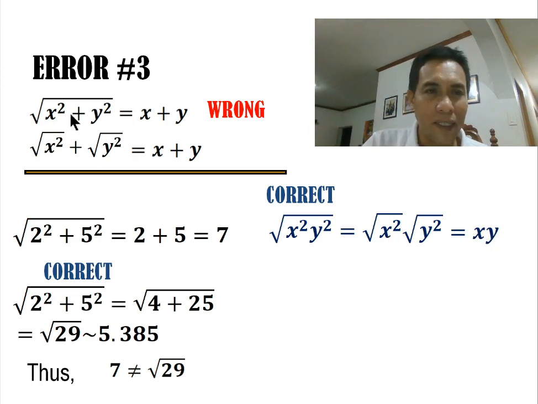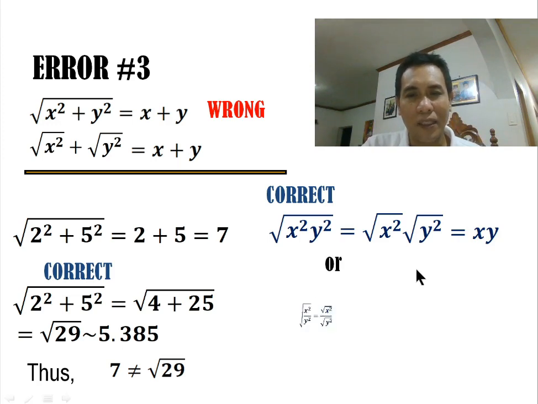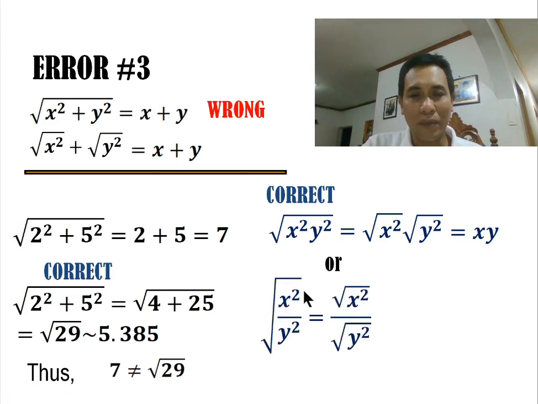In the previous case, our radicand is composed of two terms, so getting the individual square root is not allowed. Another example, the square root of x squared over y squared is equal to, we will take the individual square root of the numerator and denominator. So we have the square root of x squared for the numerator over the square root of y squared for the denominator. So this is equal to x over y. I think that's clear.